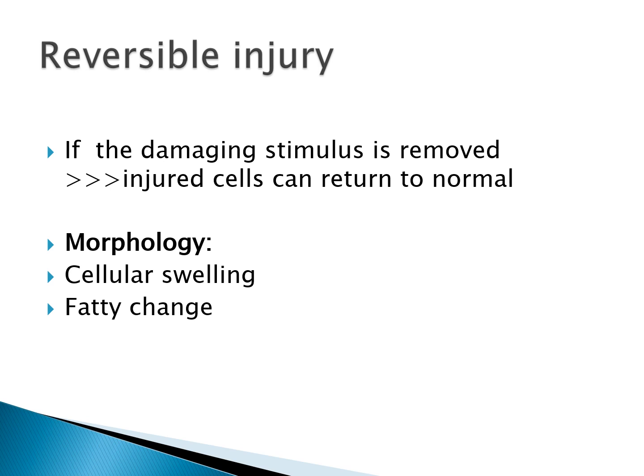Now the cell can go back to normal, but during the reversible injury it can undergo certain changes. Remember always that an injured cell, whether it is reversible injury or irreversible injury, the function is lost. But in reversible injury, the cell is still alive, whereas in irreversible injury, the cell is dead.